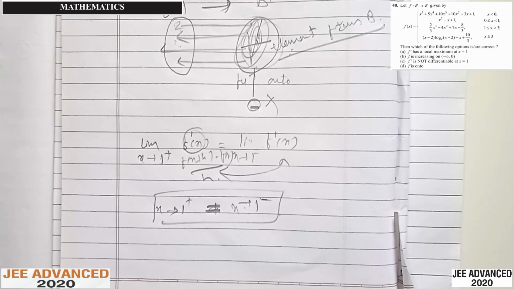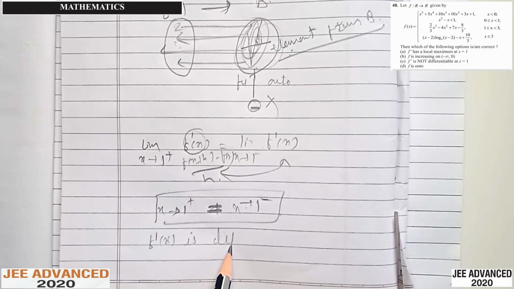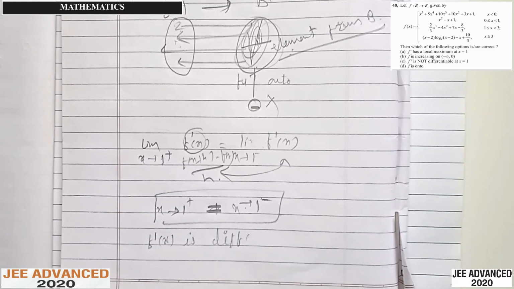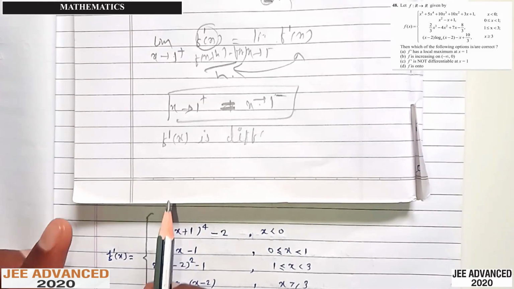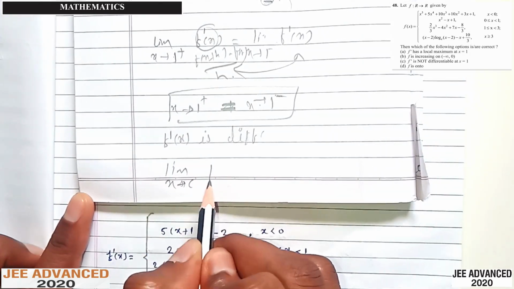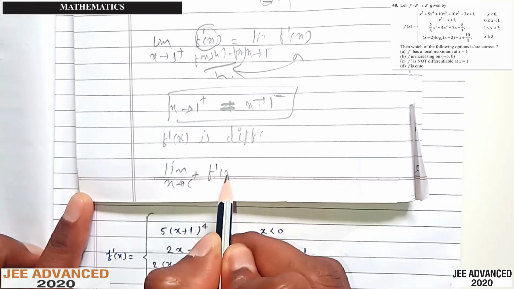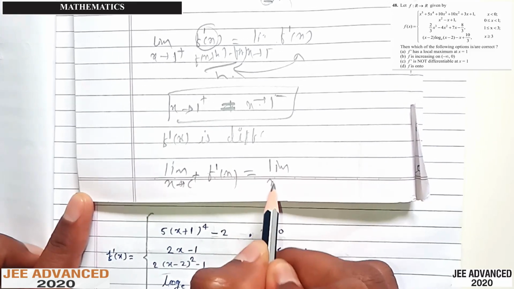Now we have to show f dash of x is differentiable, not that f of x is differentiable. When we show f of x is differentiable, we show the limit as x tends to some certain point c of f dash of x from the right equals the limit as x tends to c from the left. This is for f of x being differentiable. We show the right hand limit of our differentiation as x tends to c plus, and the left hand limit as x tends to c minus.